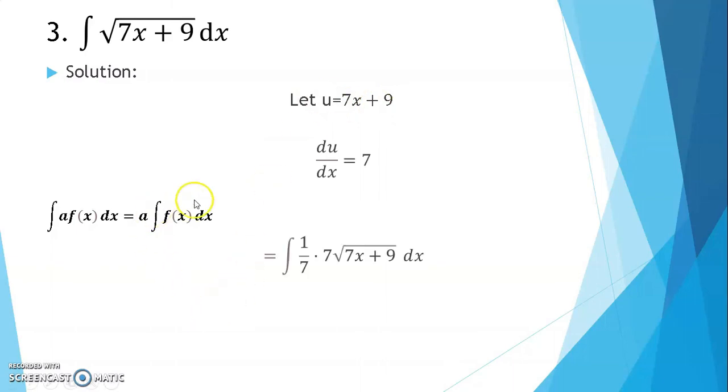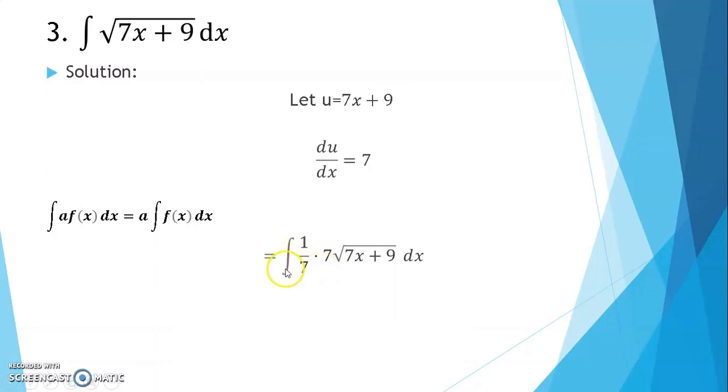So how does this equation relate to this? This is the integral of a scalar times the function, and it is equal to the scalar times the integral of the function. So we apply it here.